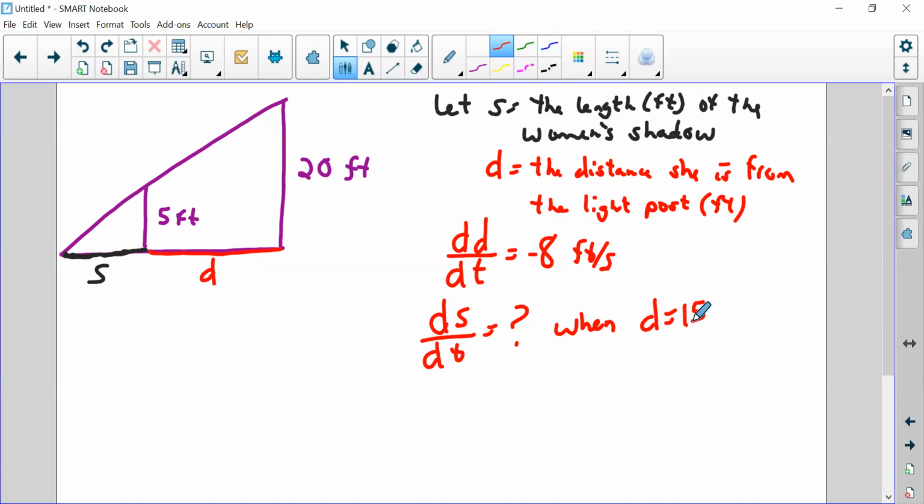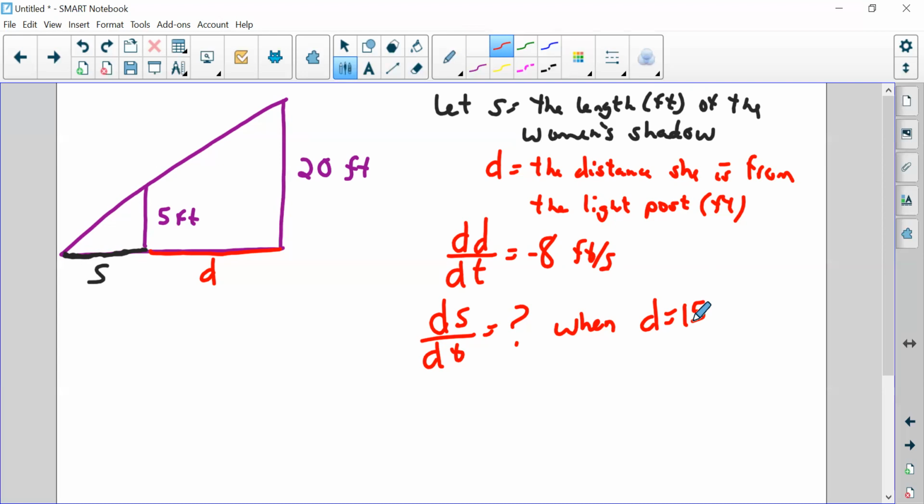Okay, so it says I need to relate D and S. The rate of change I know, the rate of change I don't know. So I need to come up with an equation that relates D and S. Can we find out that S is equal to 5?